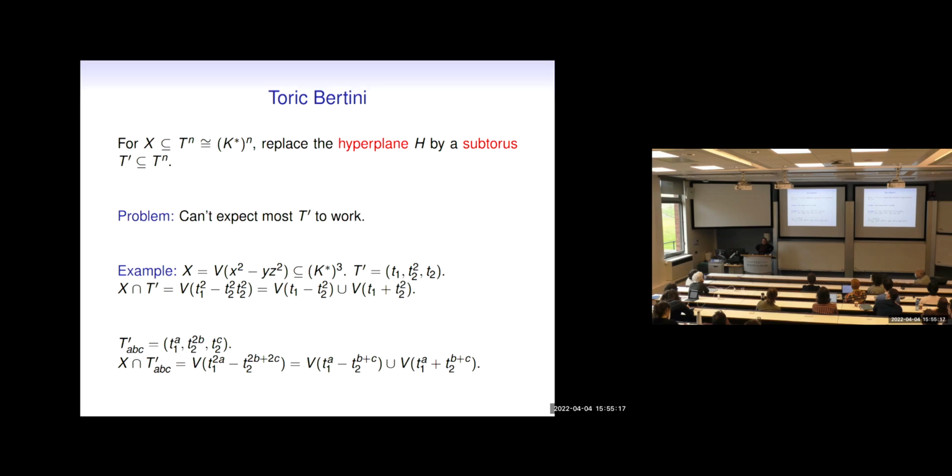If I do the same trick, the intersection, substituting x1 is t1 to the a, x2 is t2 to the 2b, x3 is t2 to the c, then again you can just see that it's reducible. So the problem here is we've got this whole Z3 worth of bad subtori. It's not the case that most tori work well. At first that seems like a serious problem.